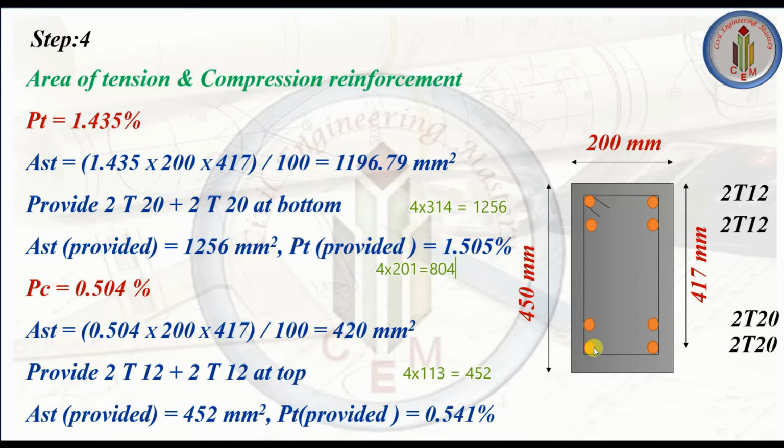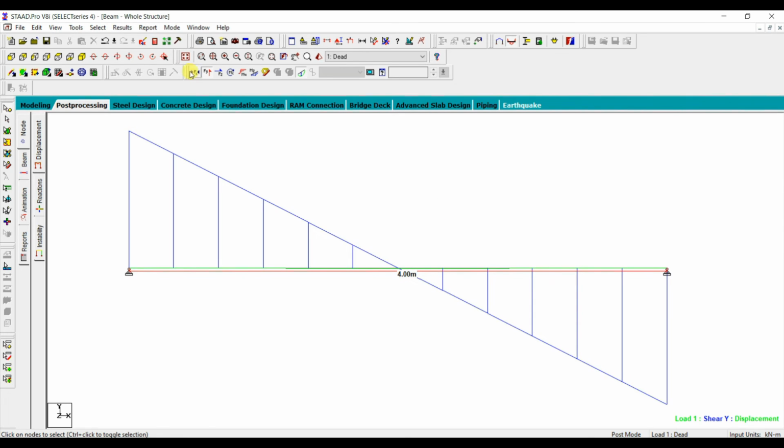If we use 16 mm dia bars instead of 20 mm dia bars, we get an area of only 804, which is less than 1196. So we have to go with the higher dia bar. That is why I have chosen 20 mm dia bar and provided an area which is more than the required area.